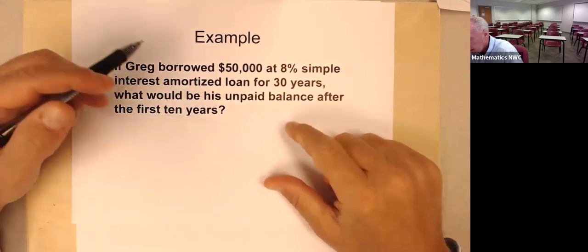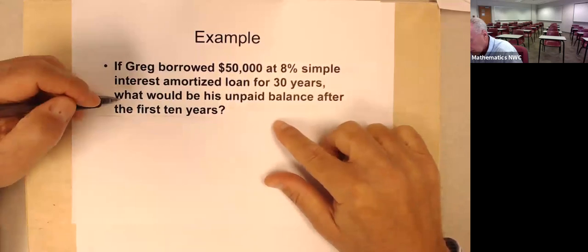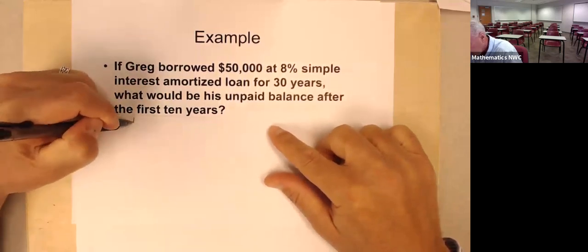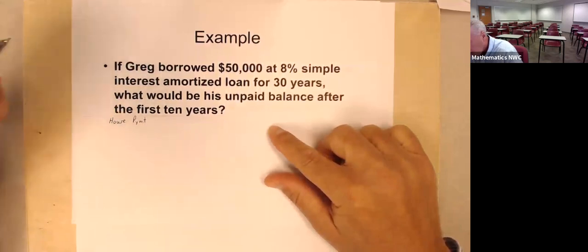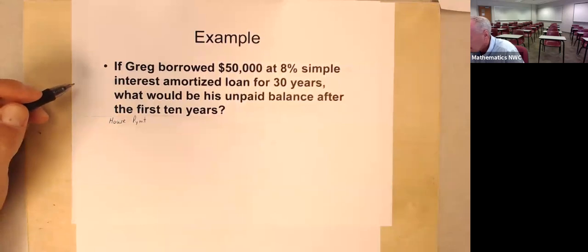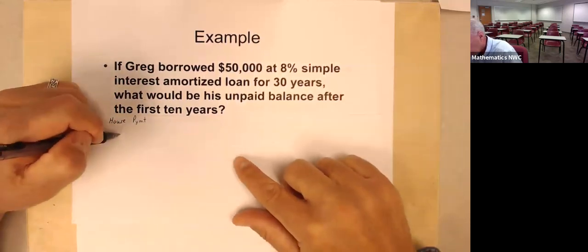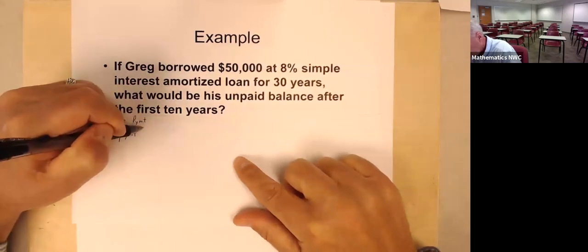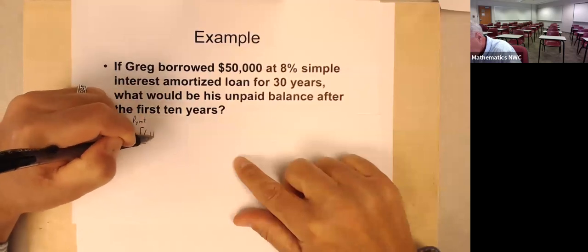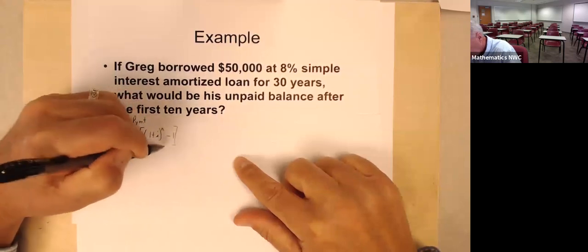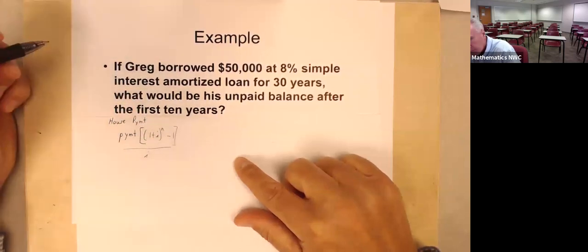First thing I have to do is find my house payment, my monthly house payment. That formula, we had it earlier today. It was the following: your payment equals the principal borrowed times I, over 1 plus I to the n minus 1, all over I.